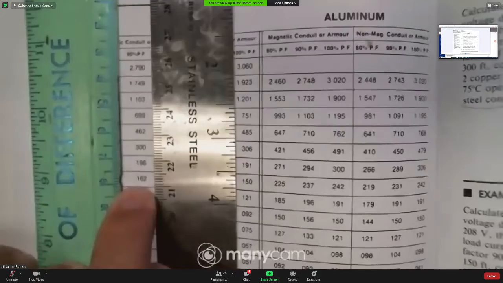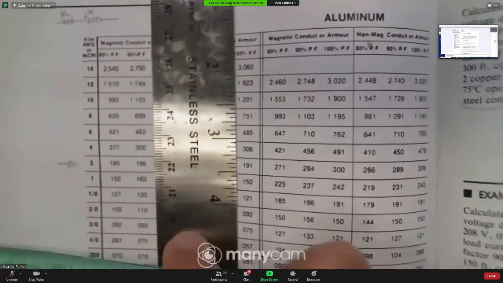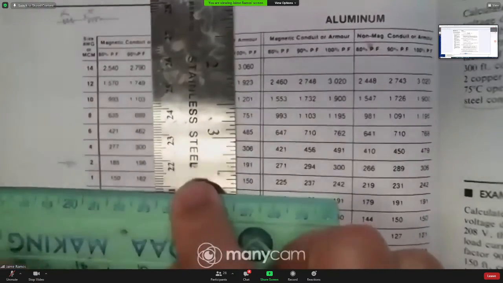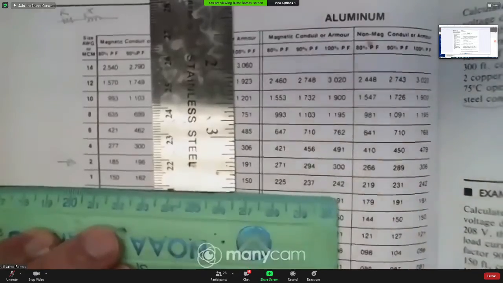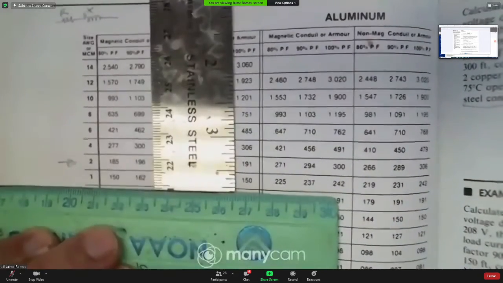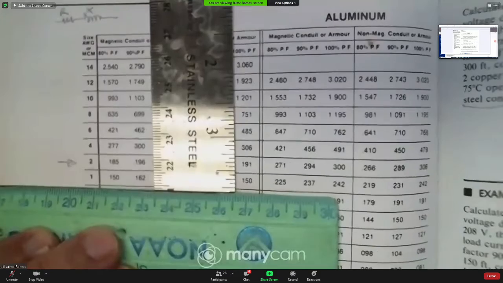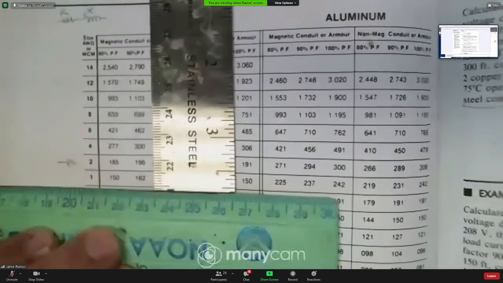So this is number 1, and we are using 1/0. So we are okay. The minimum size is number 1. However, by ampacity, we need to use 1/0.